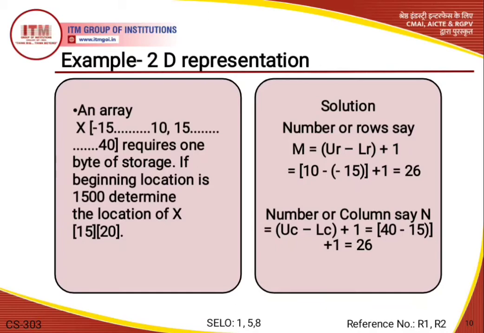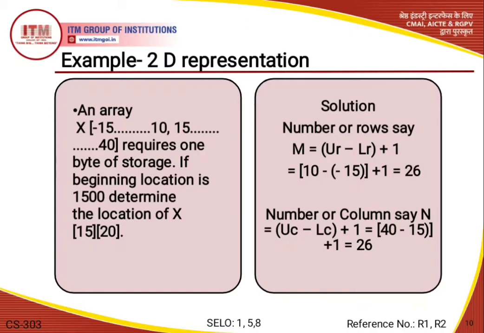So the upper bound for row is 10, so here I am using this 10, and the lower bound for row is minus 15, so here I am putting this minus 15, and when minus and minus multiply, it becomes a plus value. So when we calculate this value, the number of rows is 26.